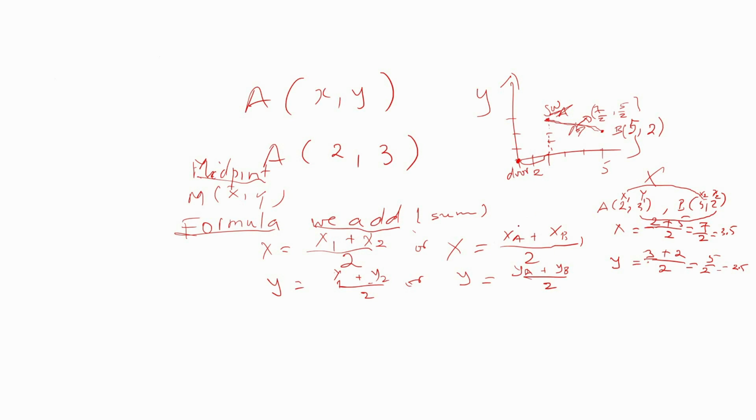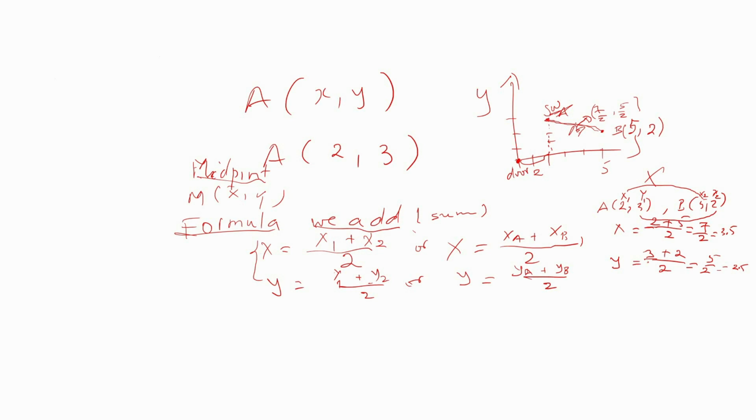The y, you will take the sum of y's. I'm insisting, for midpoint we do what? We add, it's about sum. Then I will take 3 plus 2 over 2. As the common bar stands for bracket, I start by adding 3 plus 2. Don't simplify 2 and 2. It is a common error for students.